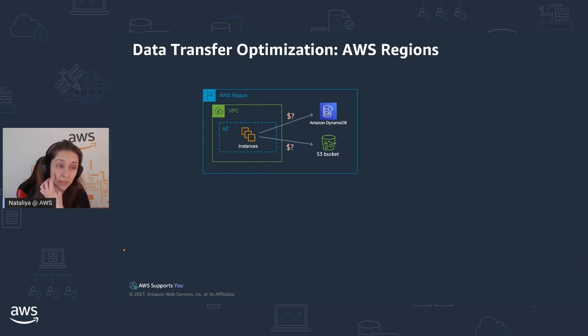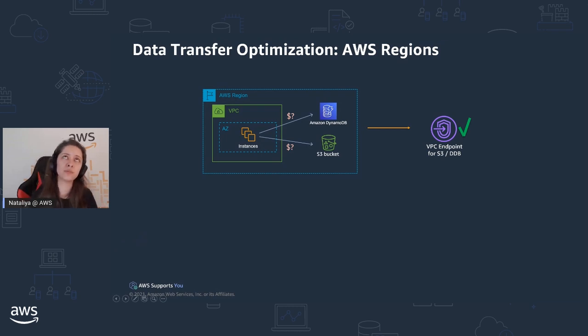It's one of the common mistakes that some customers are making. By default, we say that traffic within the region between EC2 instances and other services like S3 is free. However, some customers make a mistake in that they don't use VPC endpoints.